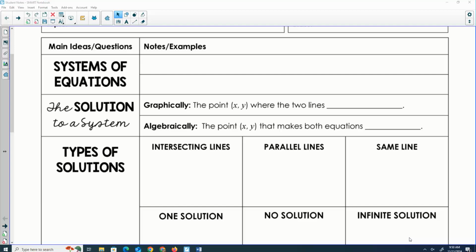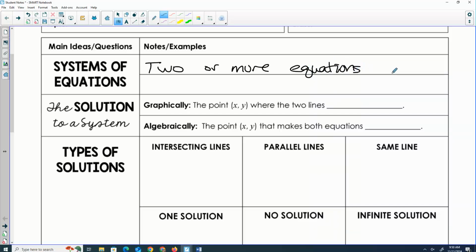So today we're going to focus on using graphing to help solve them, and we'll learn some more strategies as we go through the week. So when we are talking about a system of equations, all that means is we have two or more equations with the same variables.